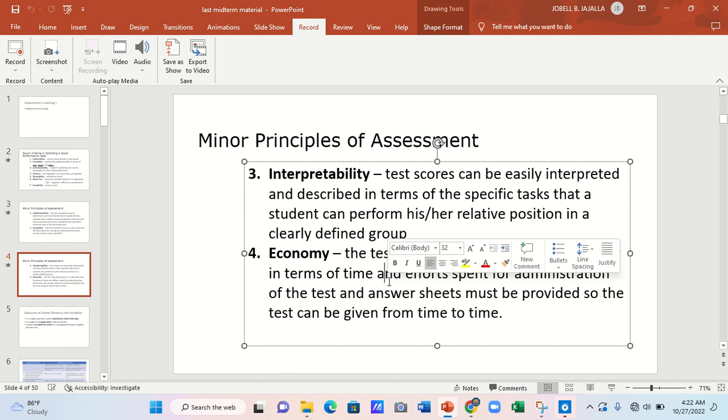So, imagine you will have 100 test takers lang. Ang isa, i-test nimo na siya probably approximately 30 minutes. So imagine the time spent just to accommodate all 100 students.